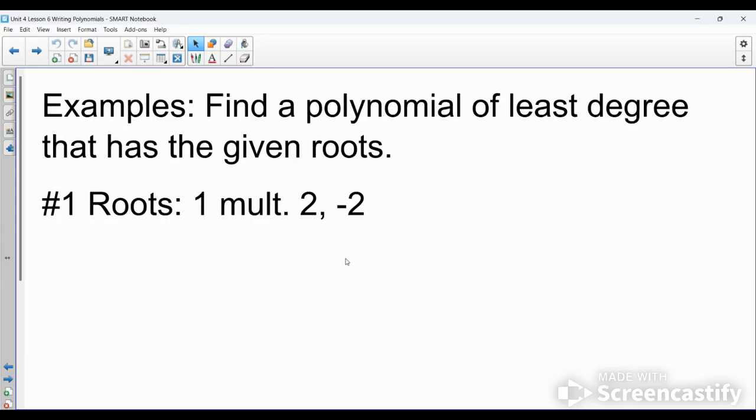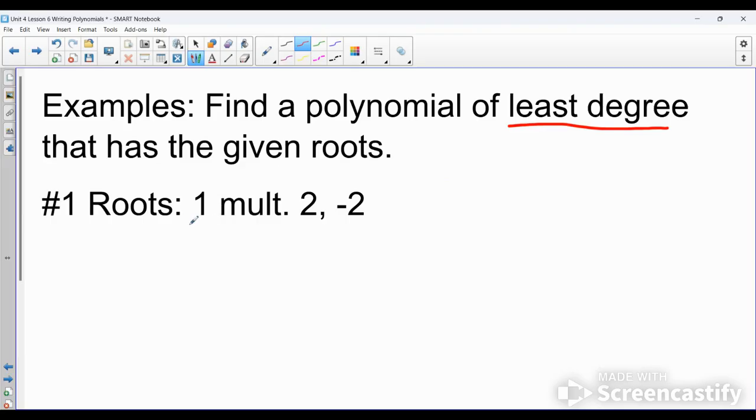So first one, we're going to find a polynomial of least degree that has the given roots. Least degree just means we don't want to add in any extra roots beyond what we already have. We only want a polynomial that is based off of the roots that have been given.